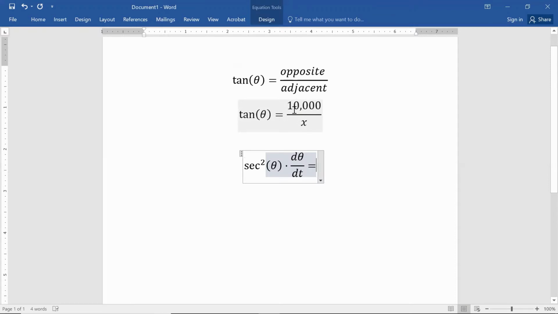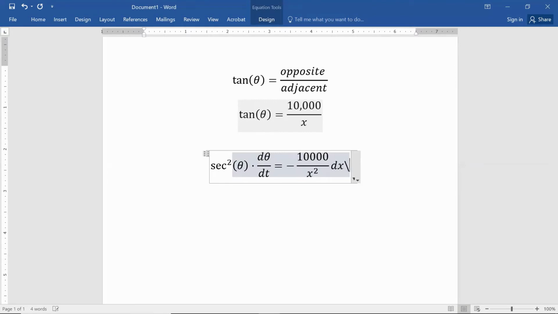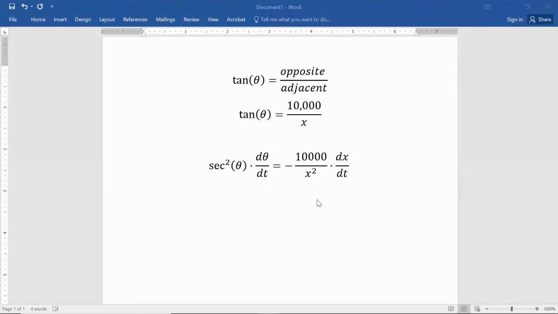Think of that as 10,000 times x to the minus 1. You get negative 10,000 divided by x squared dx dt. Now this looks a little bit messy, but we can fill some things out depending on where we are at. So let's assume the plane is 1 mile away.